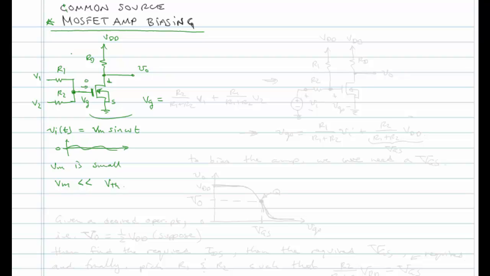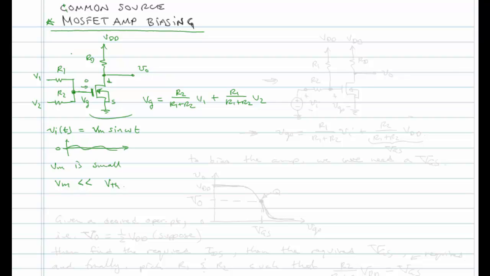So by inspection, using superposition, I turn off V2, and I can write that VG is equal to R2 over R1 plus R2 times V1. And then turning V2 on and V1 off, we have R1 over R1 plus R2 times V2.